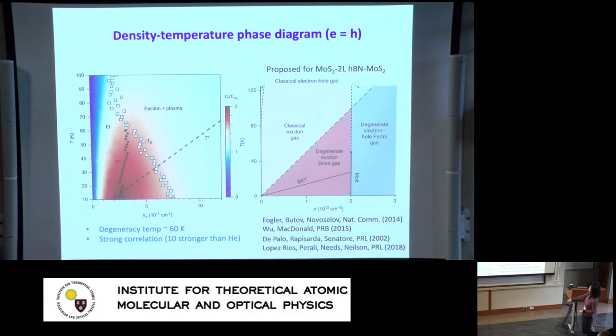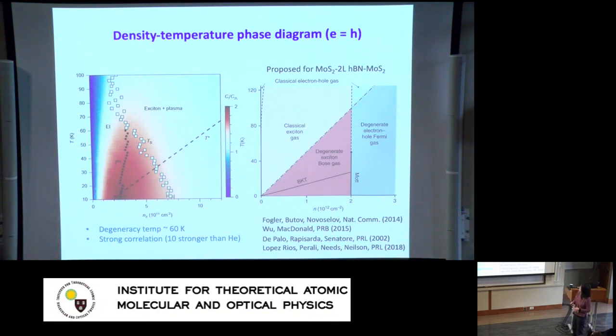Above, we have an electron-hole Fermi gas. And this is the degeneracy temperature, just estimated from the density. We have a degenerate exciton gas below this line, and above would be classical. And then you can have a BKT transition in 2D. So this is just the proposed phase diagram.